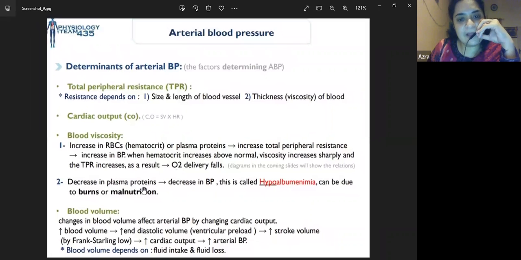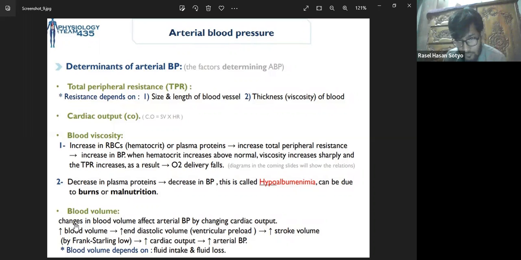A decrease in plasma protein decreases BP. This is called hypoalbuminemia, which can be due to burns or malnutrition. Understand? If RBCs are increased in the blood, then TPR also increases, and BP increases.